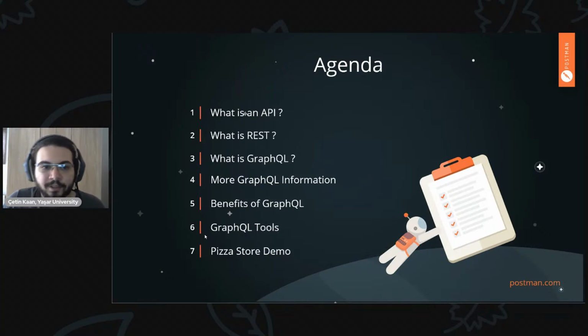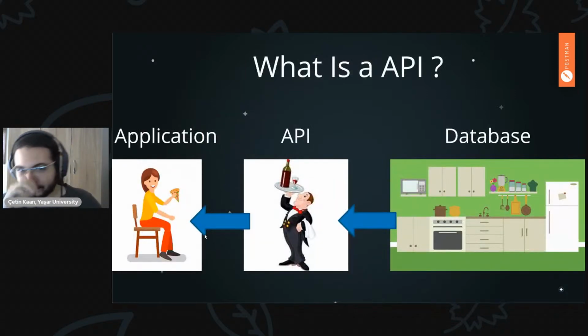And lastly, I have made a pizza restaurant demo GraphQL application with Express and Node.js. I'm going to go over the code, explain it, and we're going to test that GraphQL API with Postman. So yeah, before we lose any more time, let's begin.